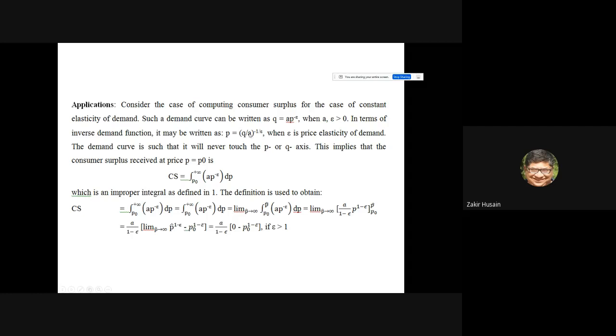So we have done this. Now the demand curve is such that it will never touch the price or quantity axis. So this implies that the consumer surplus received at price P equal to P0 is, where the point is asymptote, P0 to plus infinity.